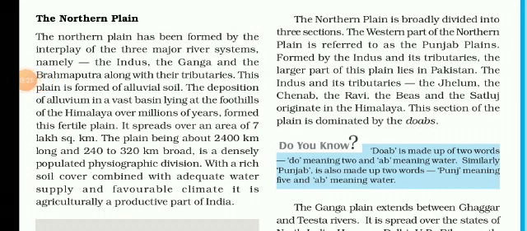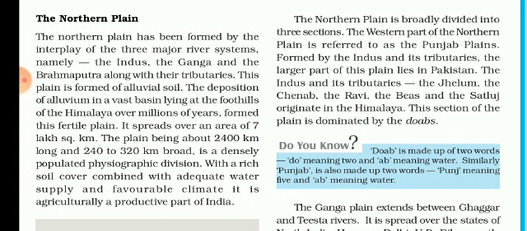Parts of northern plain. There are three parts of northern plain: Punjab plain, Ganga plain, and Brahmaputra plain. First, Punjab plain. It is the western part of the plain. It has been formed by the Indus and its tributaries.